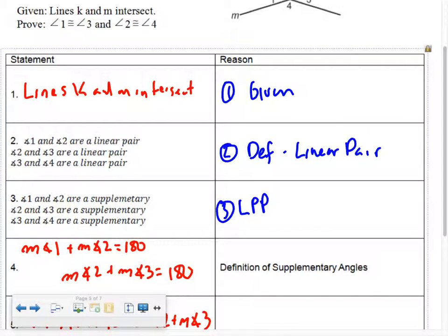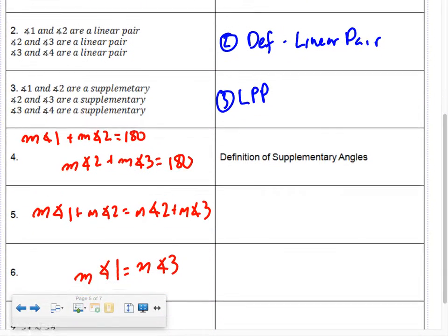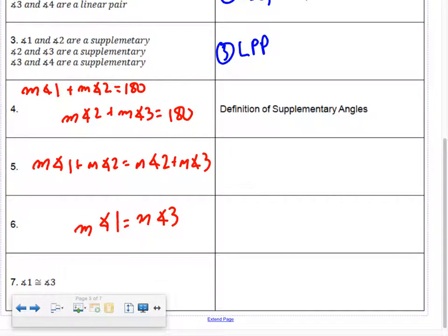Right, that's what LPP stands for, linear pair postulate. That allows us then to say that the measure of angle 1 and 2 sum to 180, and measure of angle 2 and 3 sum to 180. Transitive property of equality.